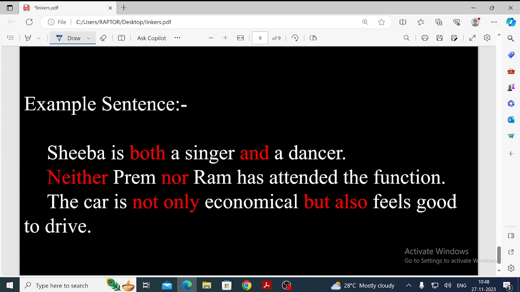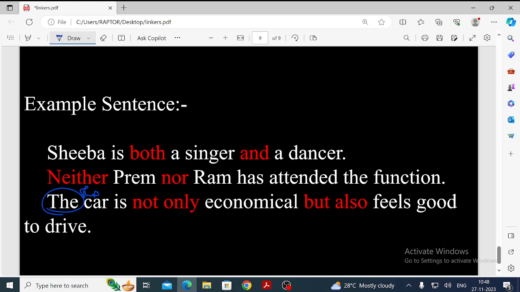Last one, you write it: this car is not only economical, but also feels good to drive. That's it. So I think you now get an idea about coordinate, subordinate, and correlative conjunctions.